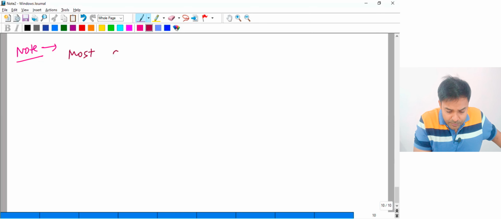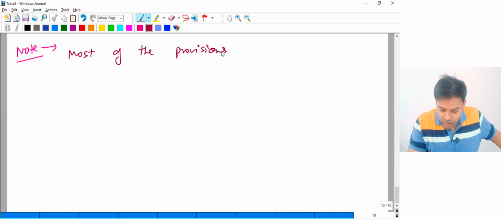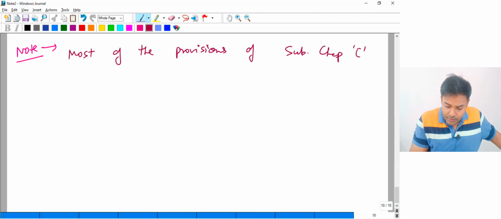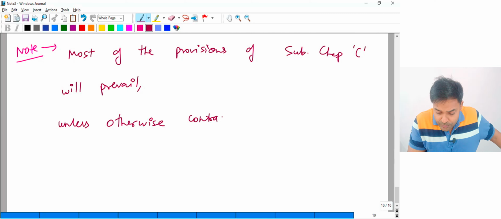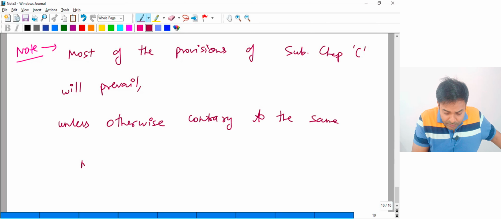Most of the provisions of subchapter C will prevail, except as mentioned in subchapter S.